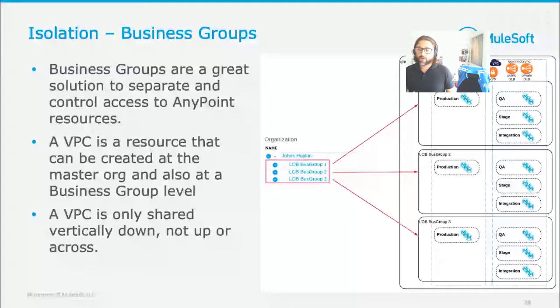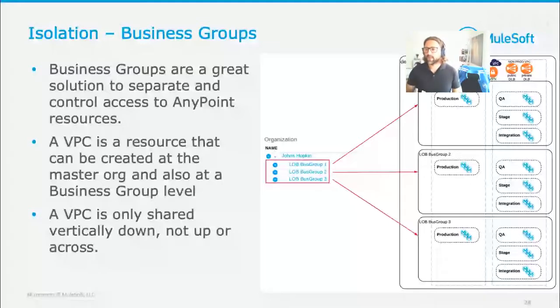As you probably know, business groups are a great solution to separate and control access to endpoint resources. A VPC is a resource that can be created at the master organization level and also at the business group level. And within every business group, we will define our environments as logical groups for our applications.